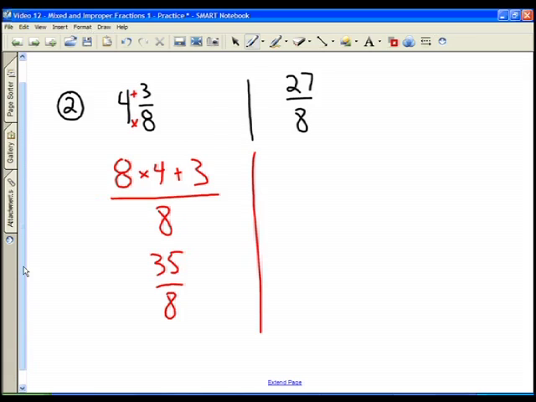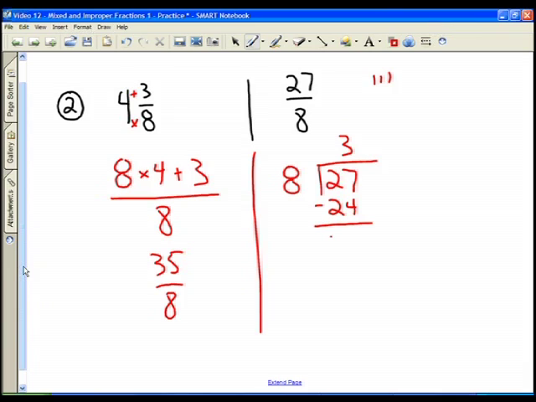And we now need to convert 27 eighths into a mixed fraction, so we see what whole number we get when we divide 8 into 27. And 8 into 27 goes 3 times: 8, 16, 24. And now 3 times 8 is 24.